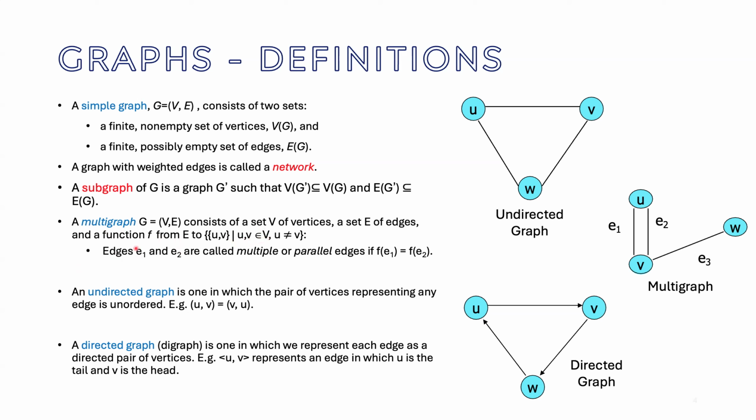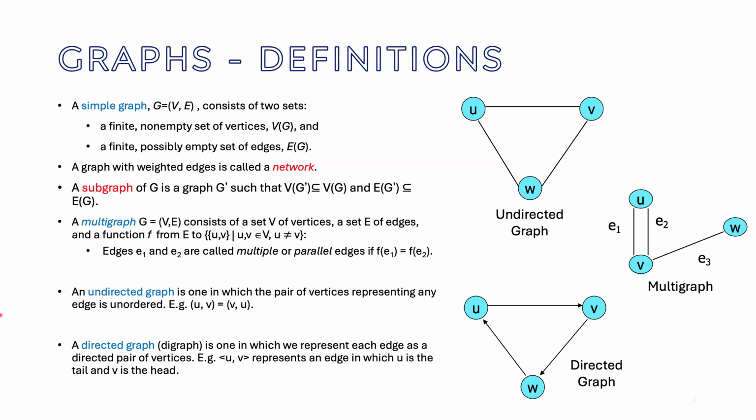And edges E1 and E2 are called multiple or parallel if f of E1 is equal to f of E2. An example of a multigraph you can find here in the second figure, where we have vertices U, V, and W, and then we have these two parallel edges between U and V, E1 and E2.